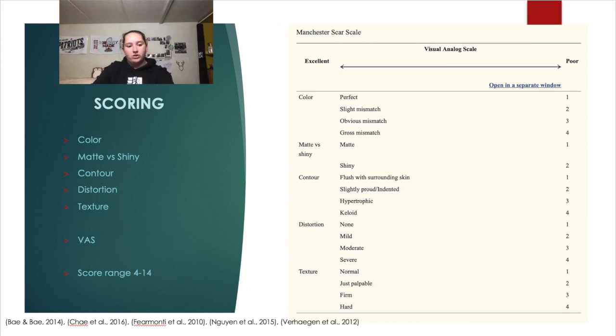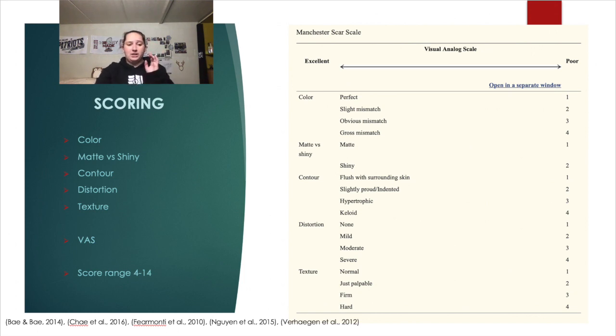Contour ranges from 1 to 4. If it's flush with the surrounding skin or flat, it gets a score of 1. A 2 means it's slightly proud or indented. A score of 3 is hypertrophic, which means it's slightly raised, it bubbles up a bit.